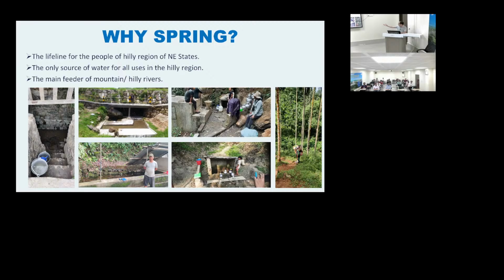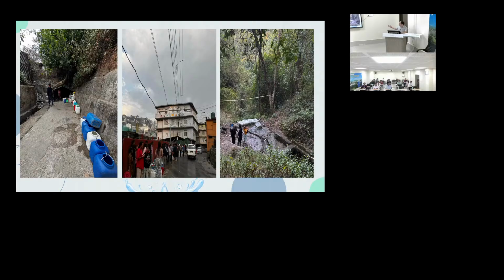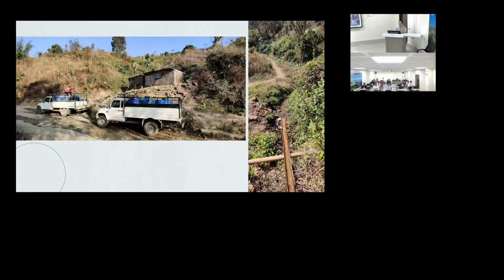We can see in this photograph how important spring is. At just a small spring, people line up with buckets to fetch water. This is how important spring is, especially in the hilly region of northeastern states.